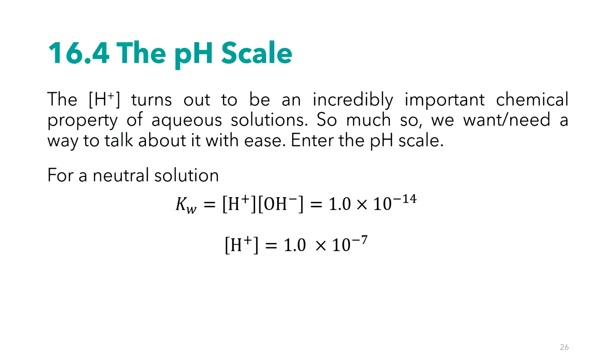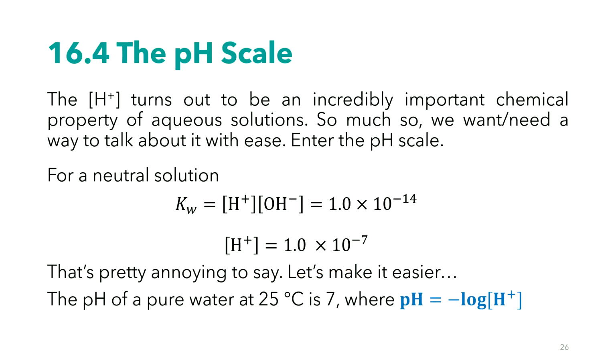Well, there's 1 times 10 to the negative 7th molar. It'd be nice to have an easier way to talk about it, which is where the pH scale comes in. So instead of saying this mouthful, I'm going to take the negative log of that and say the pH of neutral water is 7.